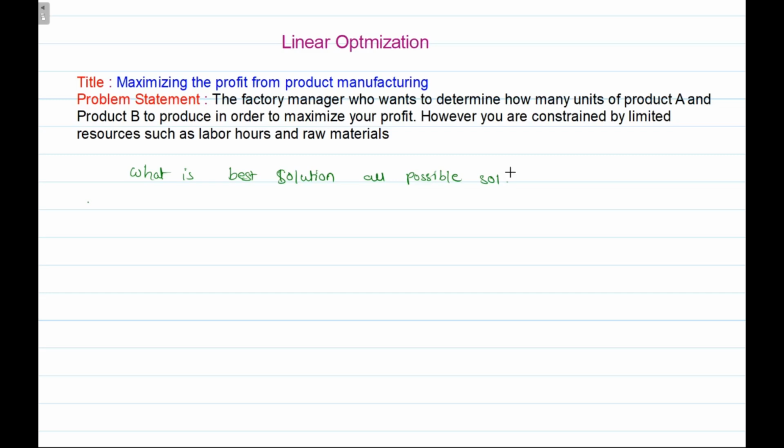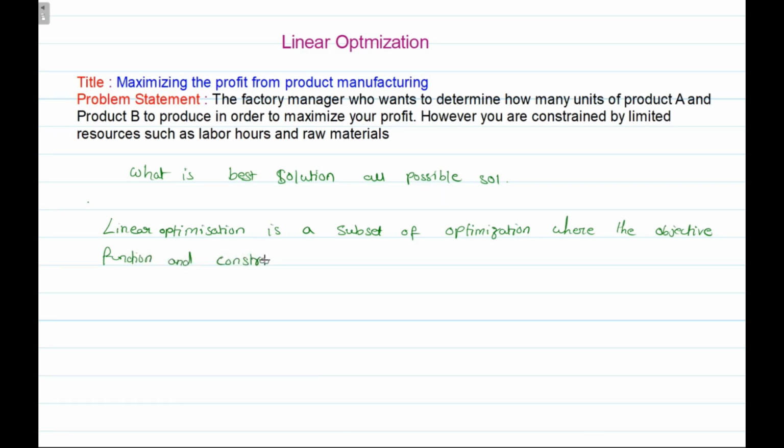So linear optimization is a subset of optimization where the objective function and constraints are linear.